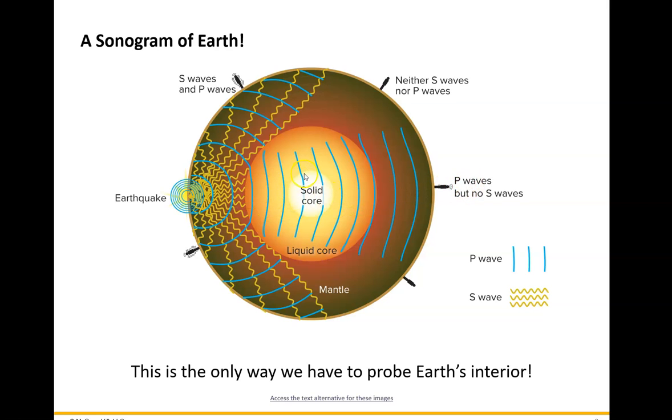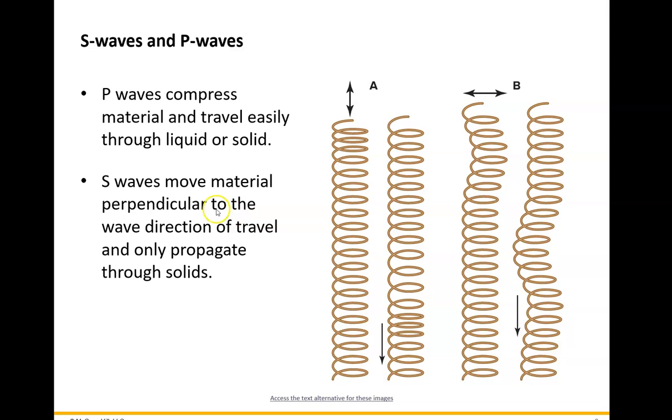The sound waves bend, and the amount that they bend tells us what the size of the solid core is, and of course, from where you don't see any more waves, you can tell what the size of the outer liquid core is as well. All right, let's keep going.